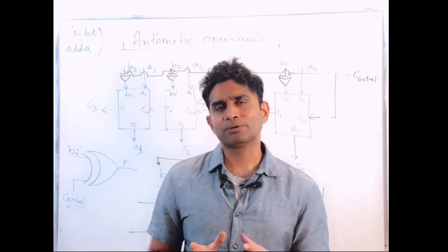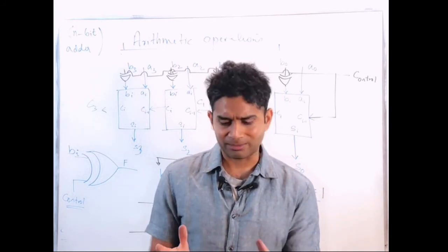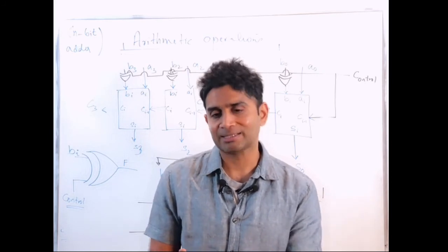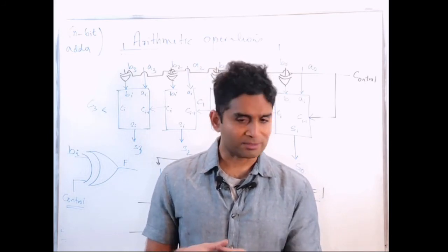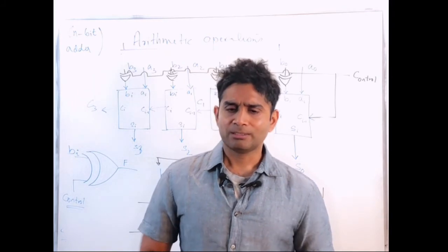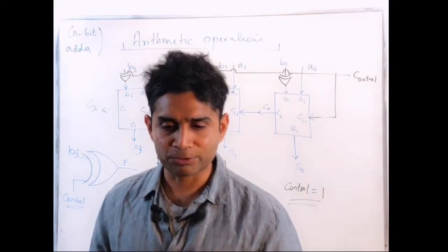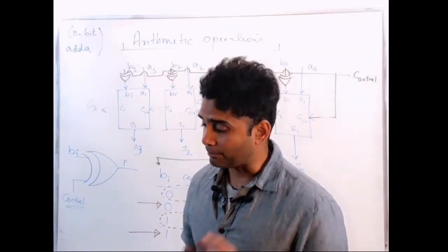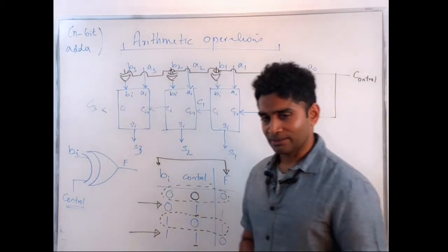Because everything is so small now, I can implement that as an integrated circuit on the same chip, and that should be fine. I should be able to get around that problem. But a bigger problem is there, right?